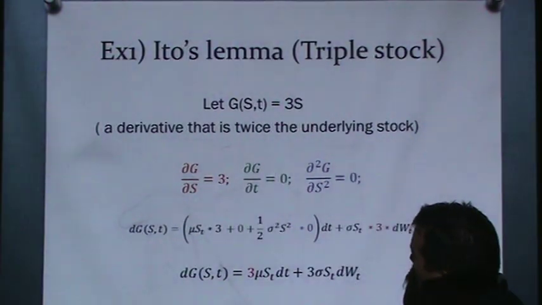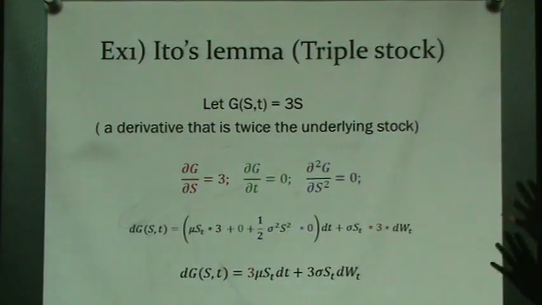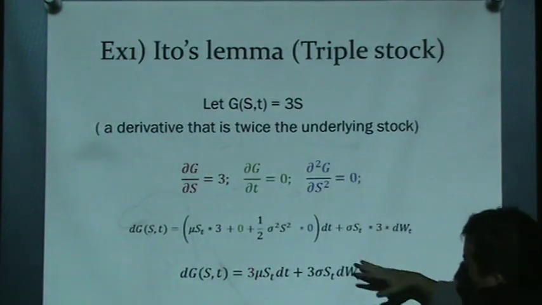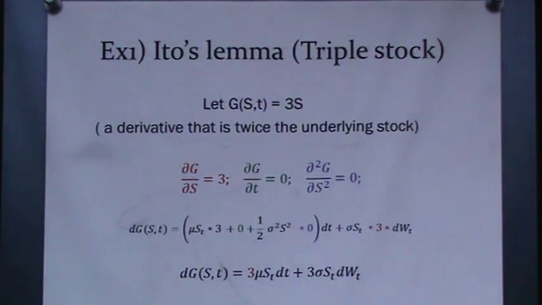So basically, if G was n times S, multiplying the stock by any number n, what would it come out to be? If we went through the process, whatever n is would show up here. And that's kind of intuitive.